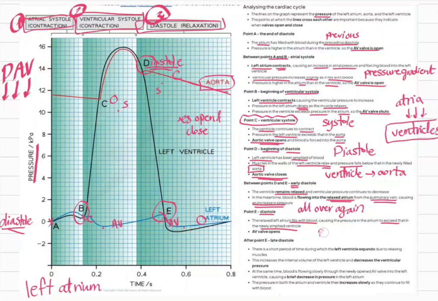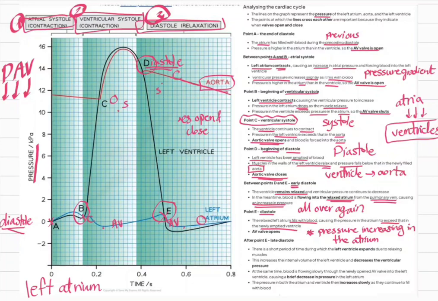So the pressure is starting to increase in the atrium, just in the beginning of the early diastole, as the atrium has blood flowing into it.